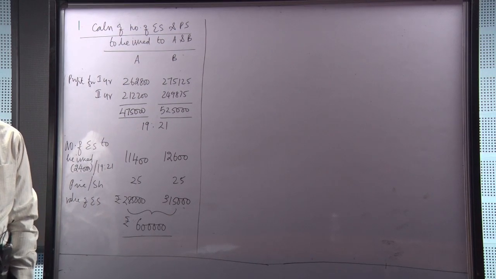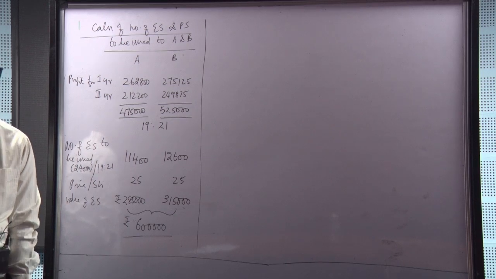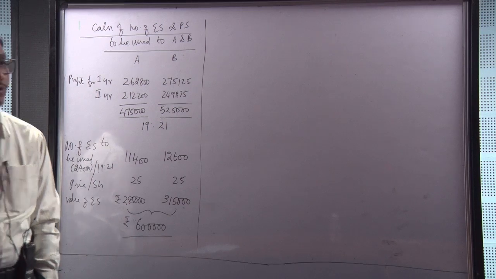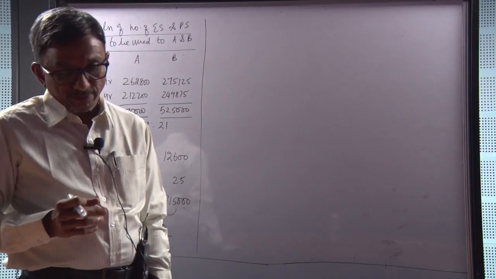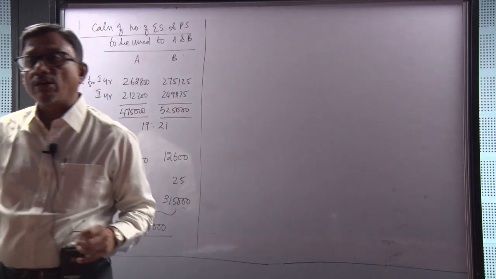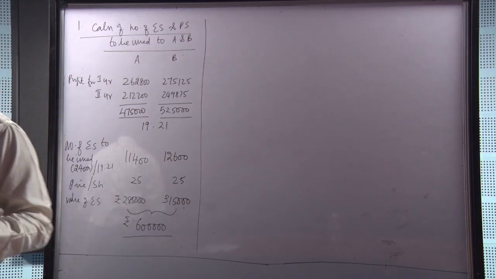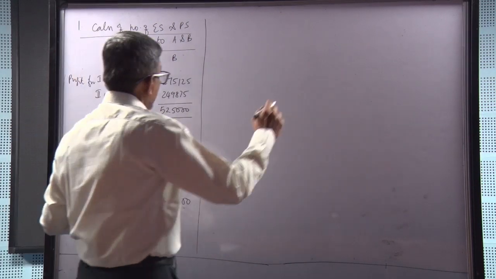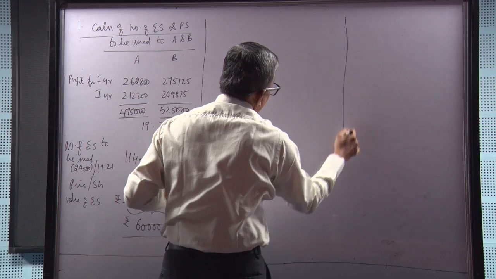The preference share should be issued in such a manner that the 12% dividend on the preference share will be equal to 8% return on the capital employed. So therefore, first we have to find out what is 8% return on capital employed, then try to find for what value preference share should be issued. So that is the next working.